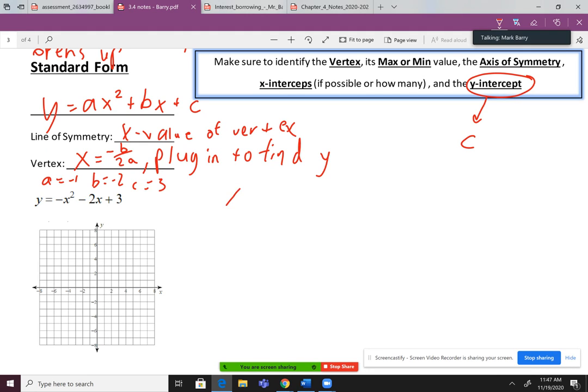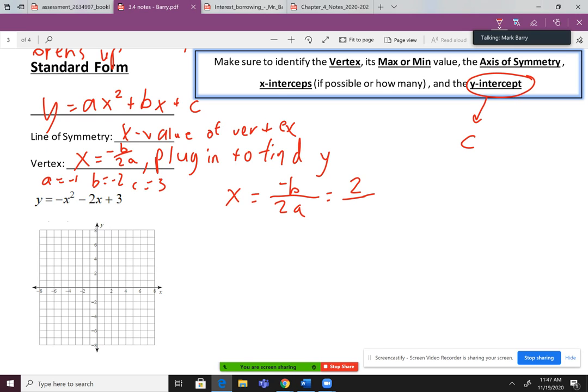All right, so let's find the vertex here. So we're going to do x equals -b over 2a. That's our formula. Now in this case, since b is -2, I'm actually going to put a +2 up top. So the top of that formula you can think of as opposite b. If b is positive, you make it negative.